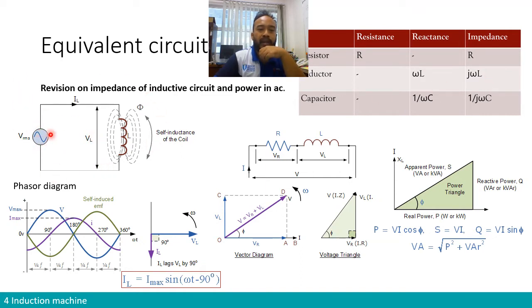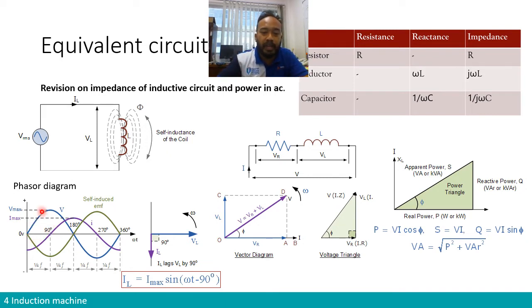If you are applying AC current, then the inductor exhibits what we call self-inductance. It stores a certain energy, and it becomes a reactance. If you look at the phasor diagram, it first creates a back EMF in itself.